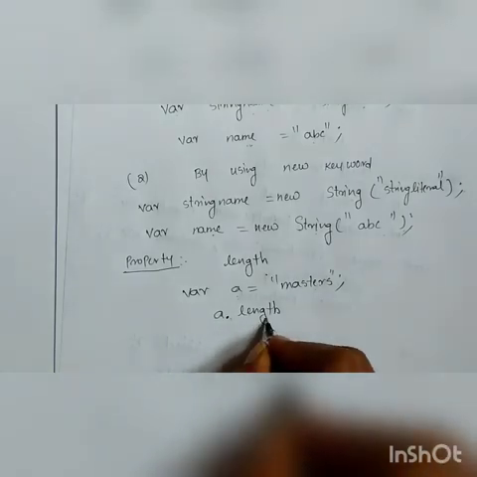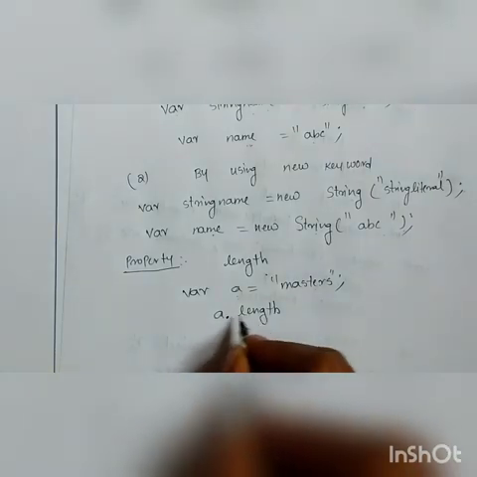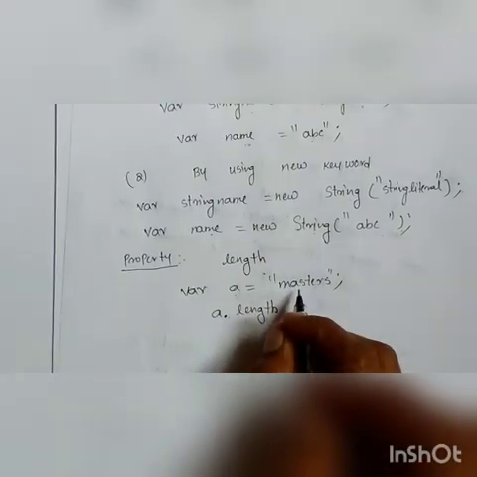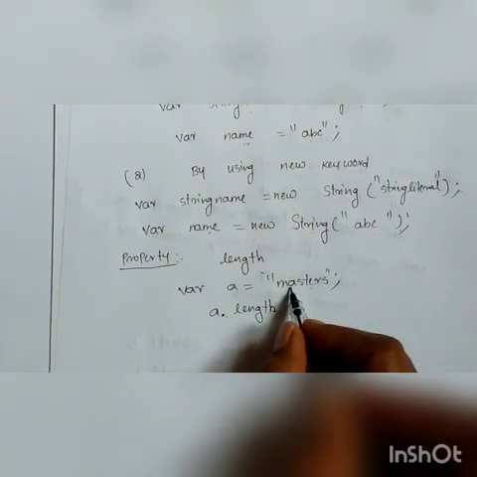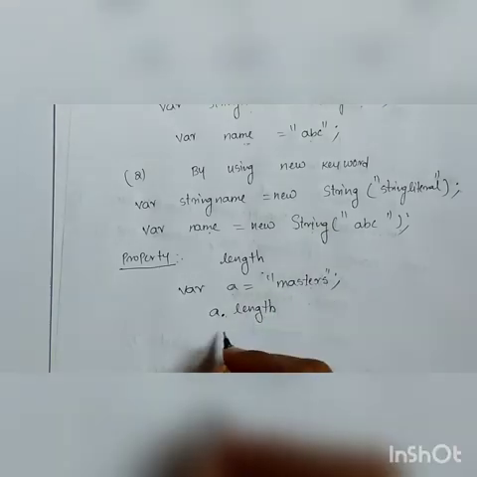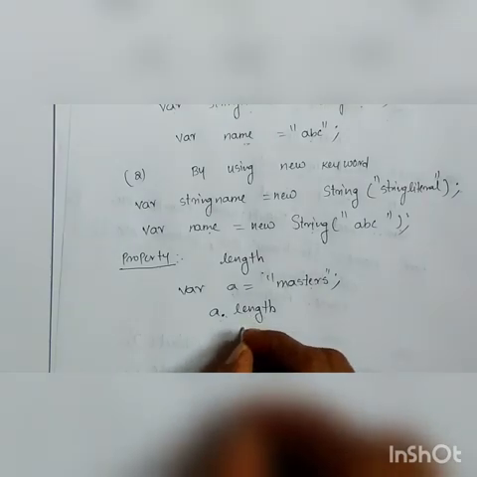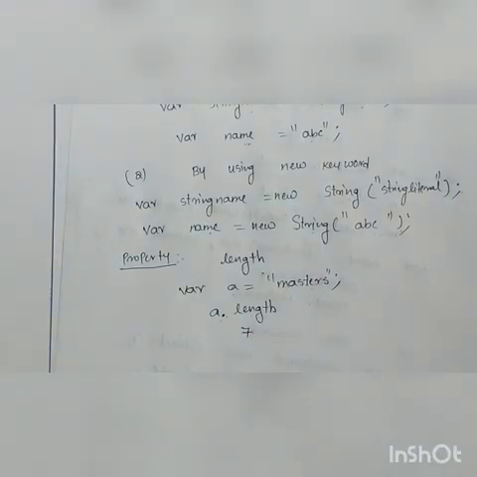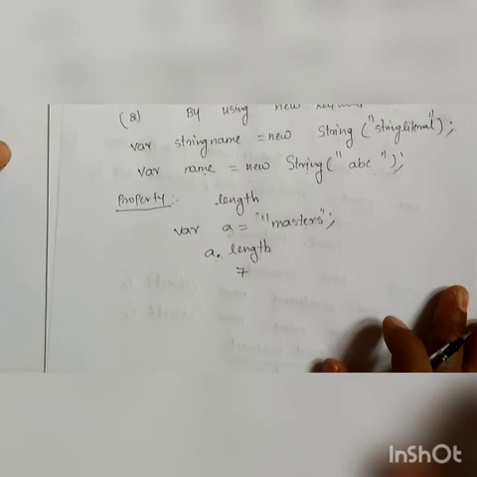So A dot length is counting the number of characters of the string object. Counting the characters, 1, 2, 3, 4, 5, 6, 7. In total it has 7 characters. Now A dot length will return the value 7. So this is the length property.